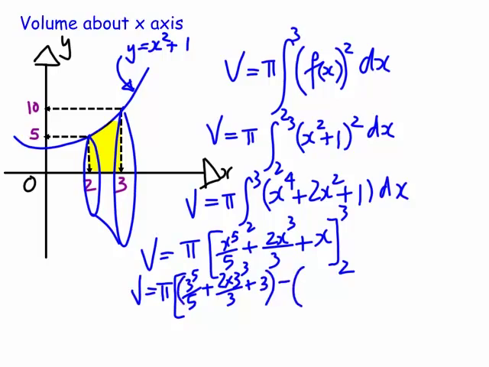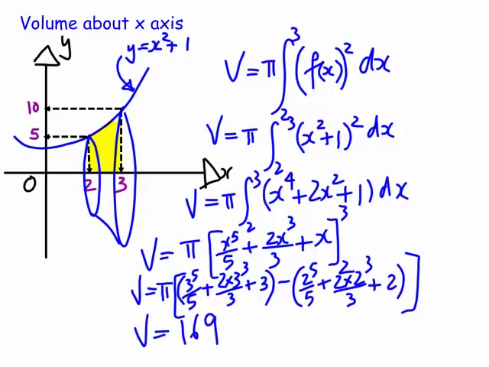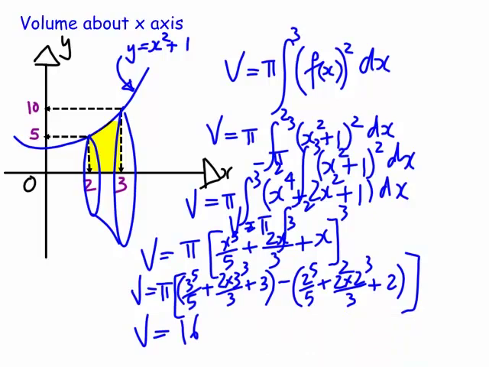Now we subtract off feeding the 2 in: 2 to the power 5 on 5 plus 2 times 2 cubed on 3 plus 2. We work all this out on the calculator, and it works out to be about 162.94 units cubed. So that's the volume about the x-axis.